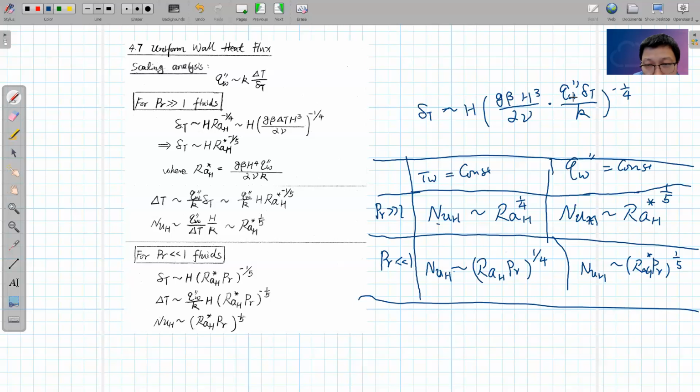I don't know if I can go over all of it, but we will go over some of these cases next lecture, and then we will go to natural convection for internal flows. So basically we will have our homework next class.